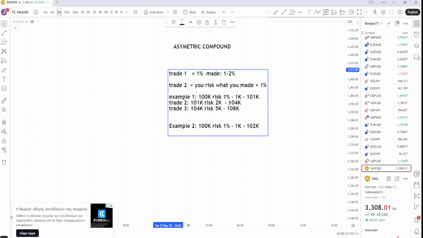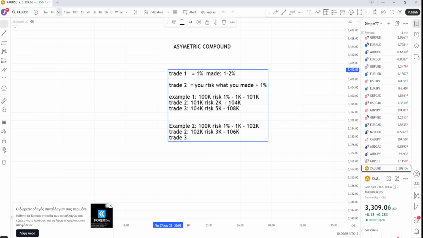So you go to 102k. Then trade 2, you have 102k, you risk 3k, which is the profit plus the 1%, so you made 6k, so you go to 106k.